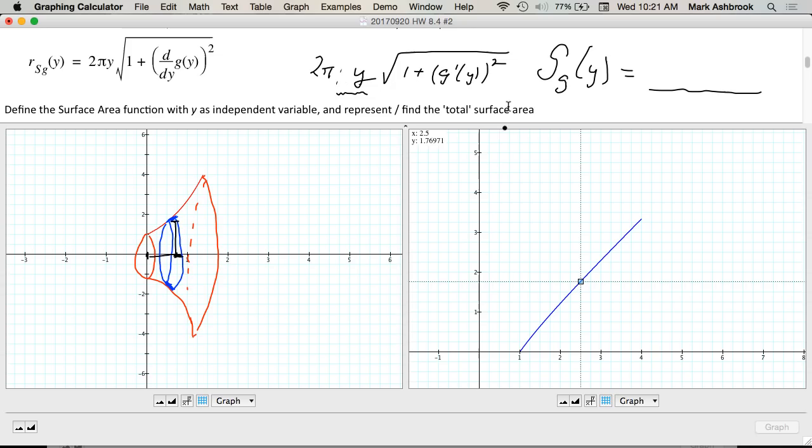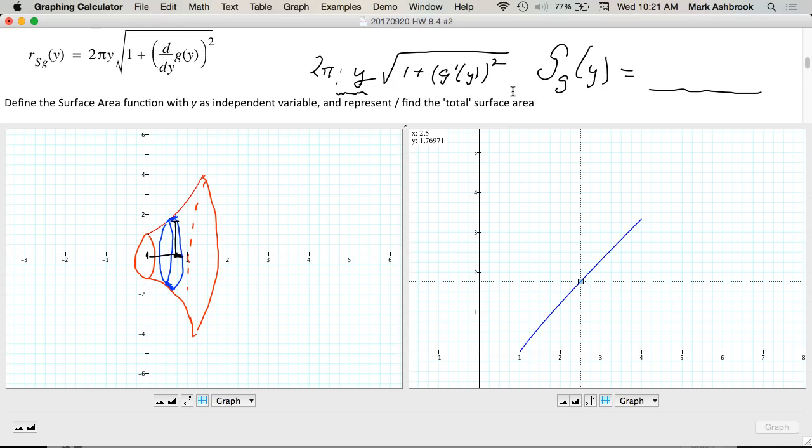Okay. S sub g of y. What will that be? Javier, did you get that? So it would be an integral from a to y of your rate function, r sub s of g, of t, times dt.